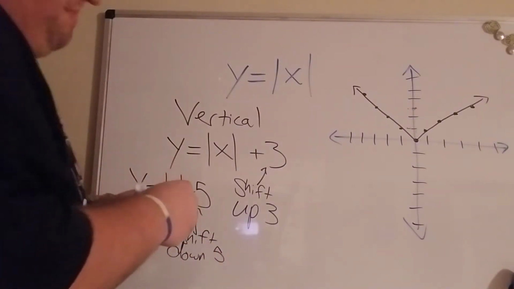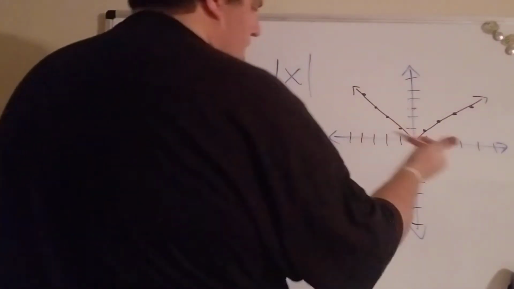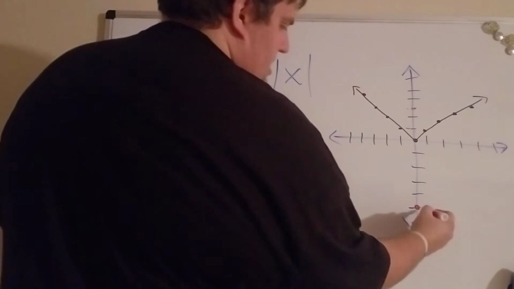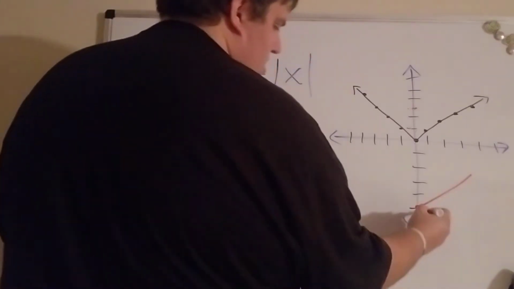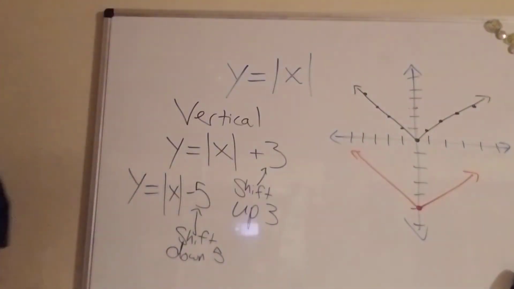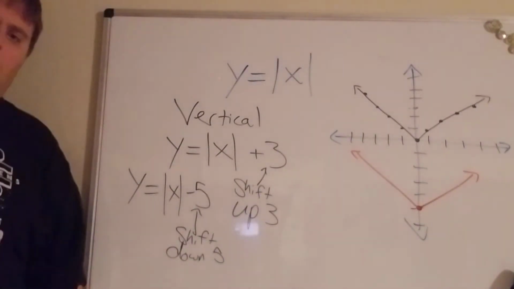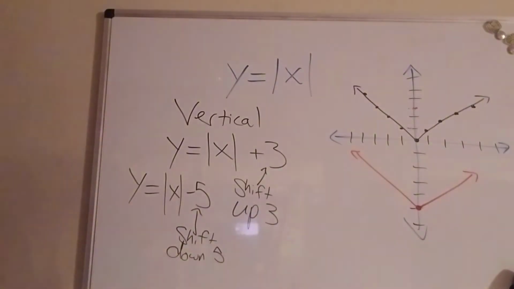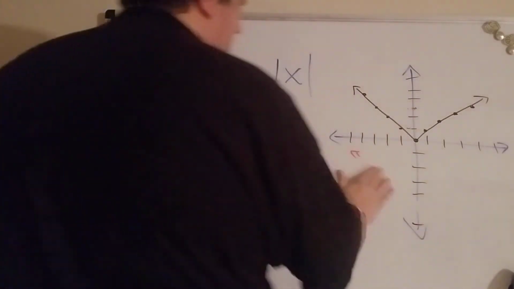Same idea, only now my vertex is going to go 1, 2, 3, 4, 5 units down. And it would look like that. The same graph, only we're going down 5 more units. So the number on the outside is going to show what that's going to do.